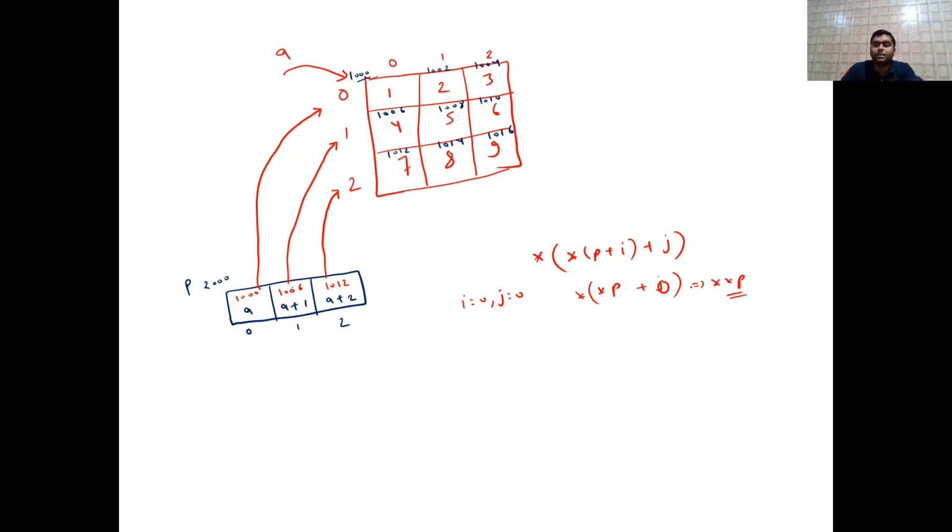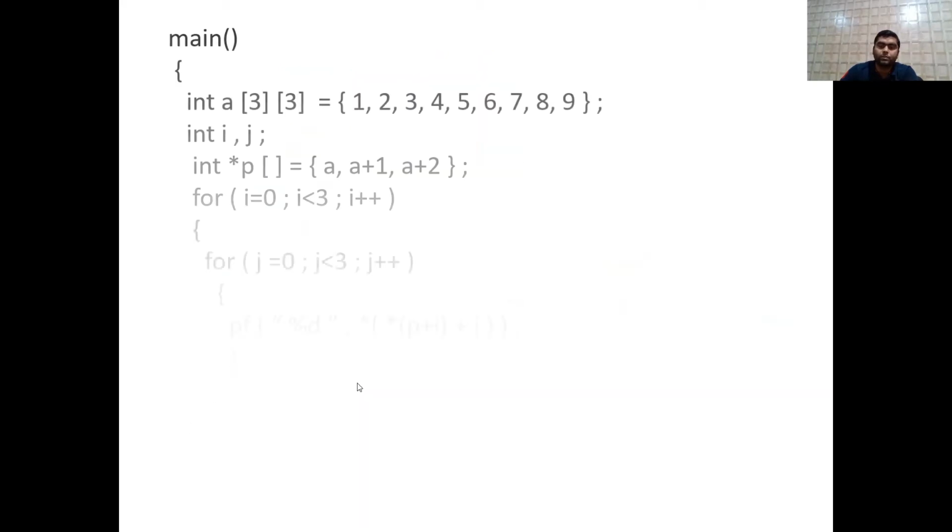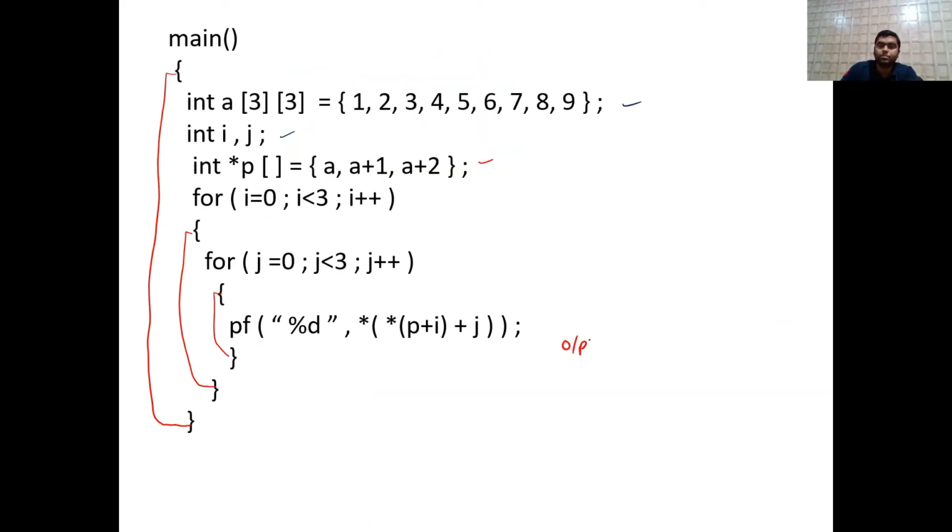Double star p means firstly select p, which in the starting is p plus 0, meaning p of 0. So we will select p of 0, so firstly the first row will be selected. This gives 1000, and then the value at 1000 will be selected. So this will return star of 1000, and star of 1000 is 1. So the first output is 1.